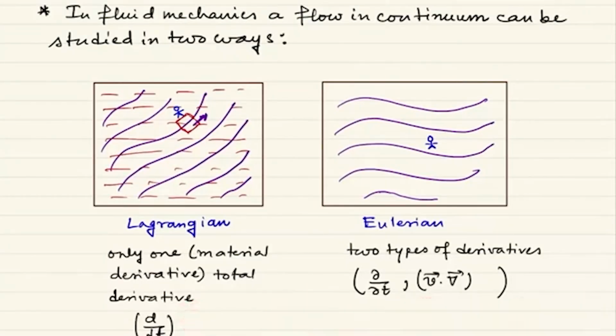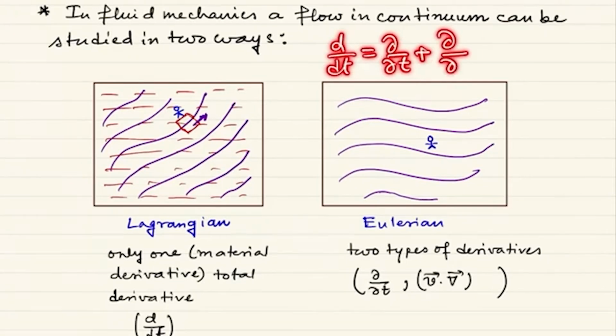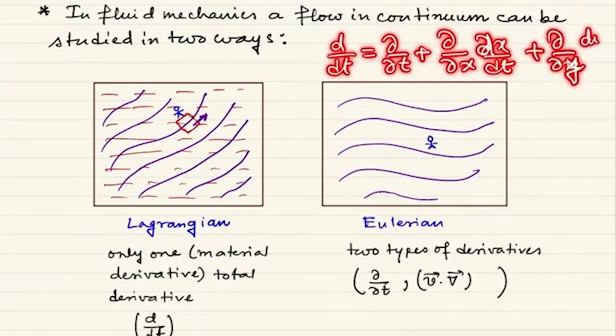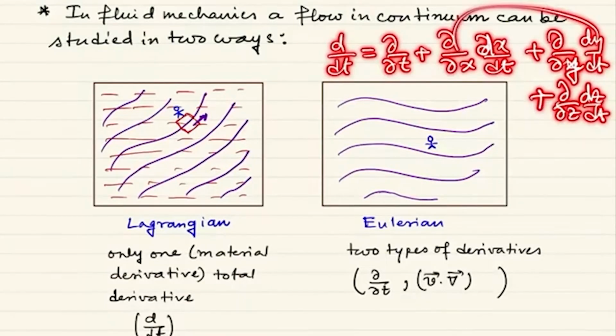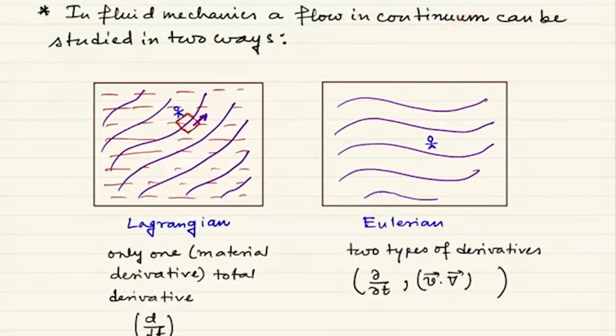That is simply because d dt is nothing but del t plus dx dt del x plus dy dt del y plus dz dt del z, and this part is nothing but this advective derivative part.